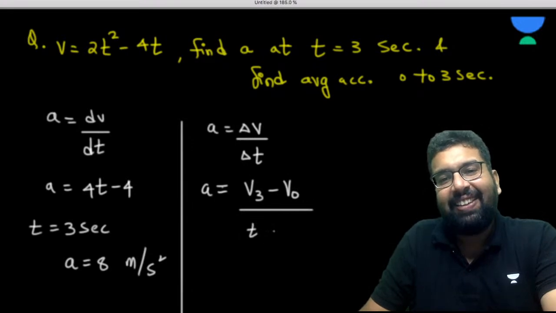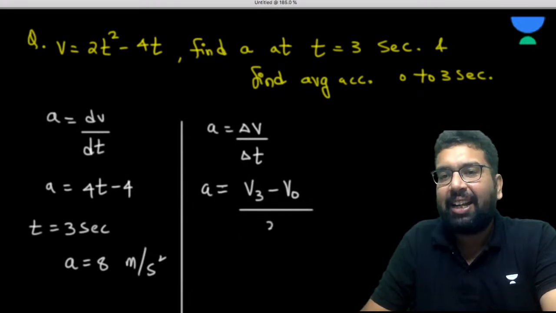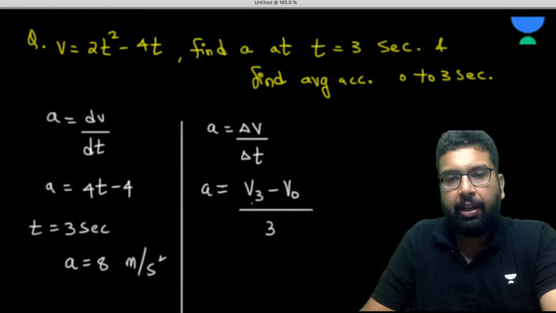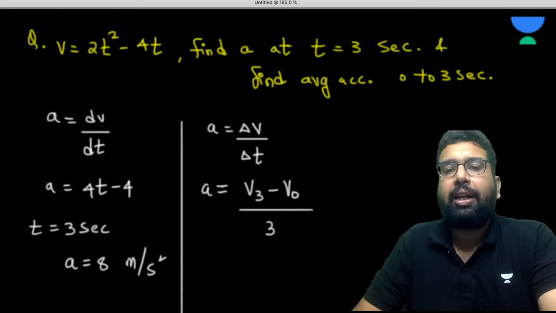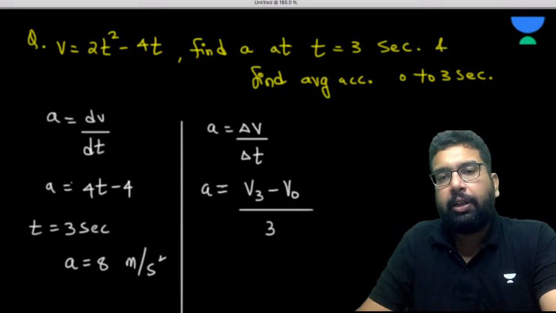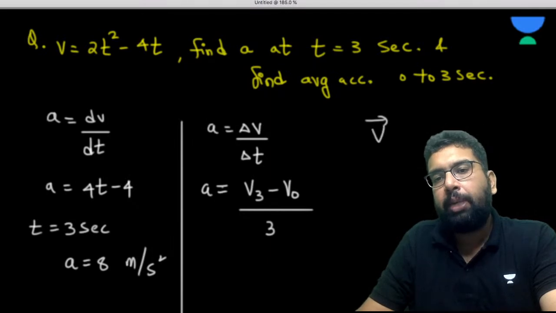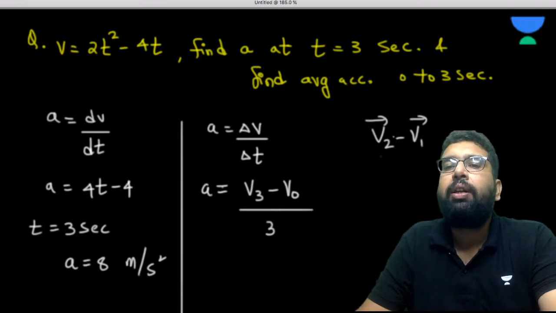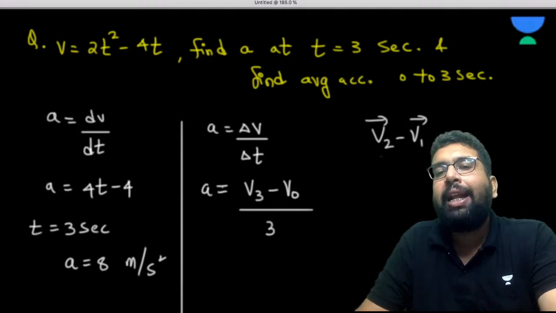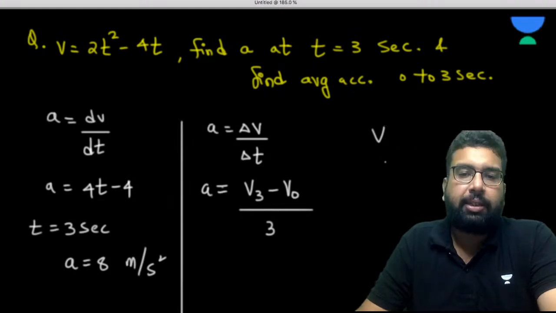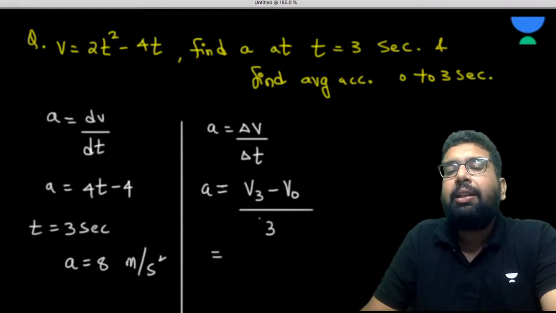So delta t is 0 to 3, that is 3. This is not the very right way to write the velocity though, because it is a vector. Normally you write it like v2 minus v1, final velocity minus initial velocity. But I think you are getting the context, right? I am writing v3 here because it is the velocity at 3 seconds.